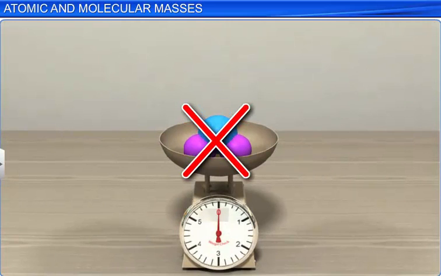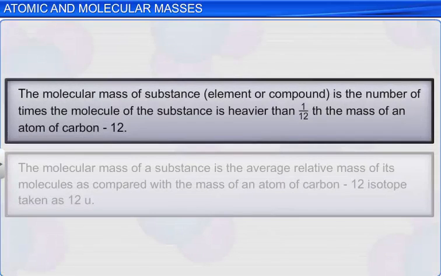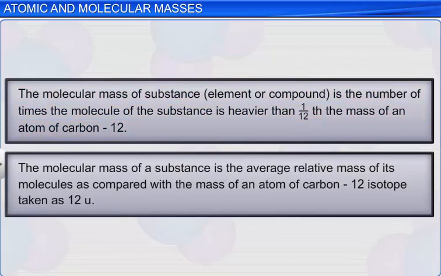Therefore, the molecular mass is determined relative to the mass of carbon atom taken as 12 U. The molecular mass of a substance, element, or compound is the number of times the molecule of the substance is heavier than 1/12 the mass of an atom of carbon-12. In other words, we can say that the molecular mass of a substance is the average relative mass of its molecules as compared with the mass of an atom of carbon-12 isotope taken as 12 U.